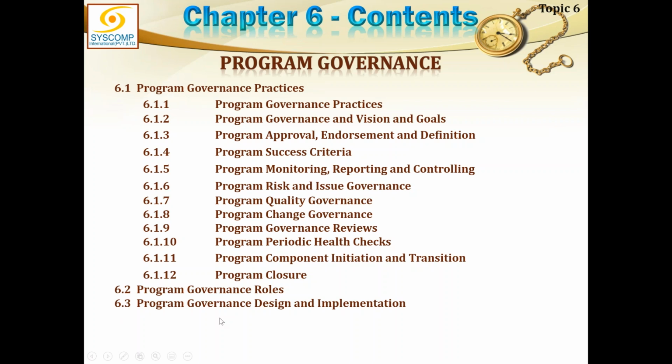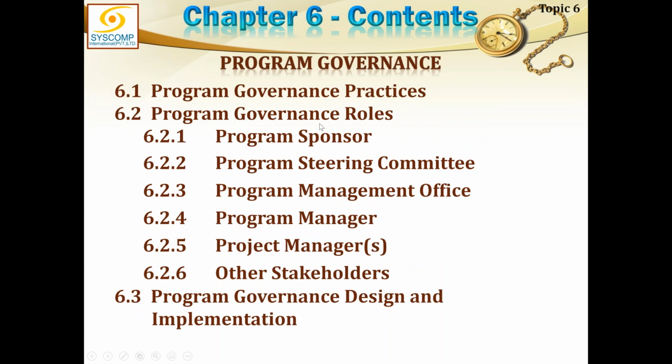Then in 6.2, the various roles in governance could be the program sponsor. Naturally, he is the person who is the boss of the program manager, and he is issuing the program charter to the program manager. So he is the first link with the steering committee. So program sponsor is one of the governance roles, then the steering committee itself.